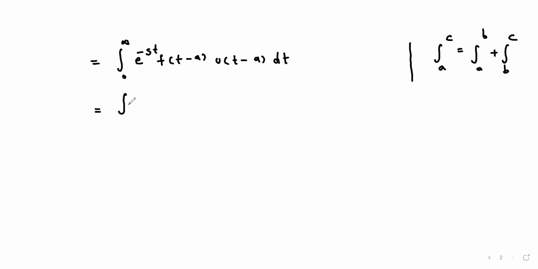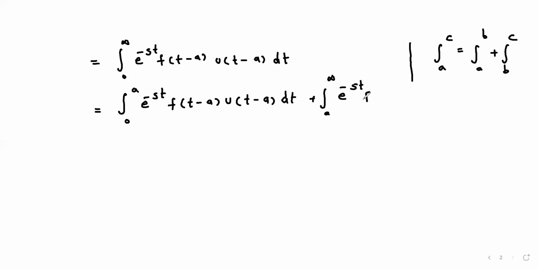I have integral 0 to a e raised to power minus st, f(t minus a), u(t minus a) dt, plus then I have a to infinity e raised to power minus st, f(t minus a), u(t minus a) dt. Okay, students, this is very simple. We break the integral into two integrals.